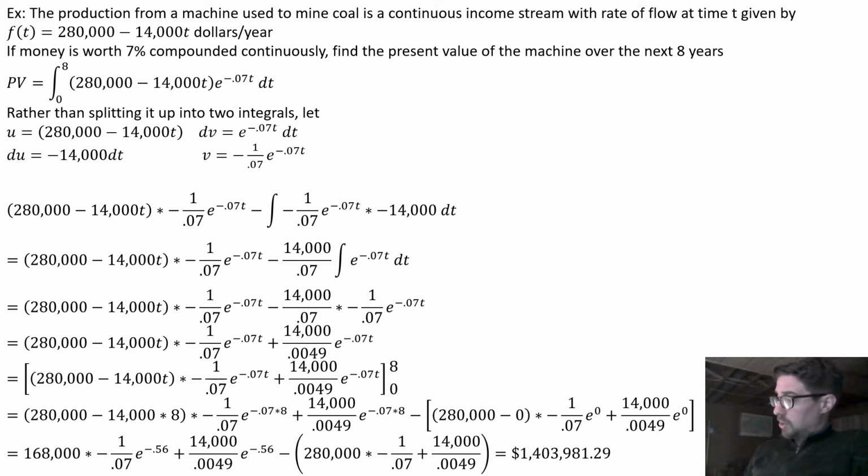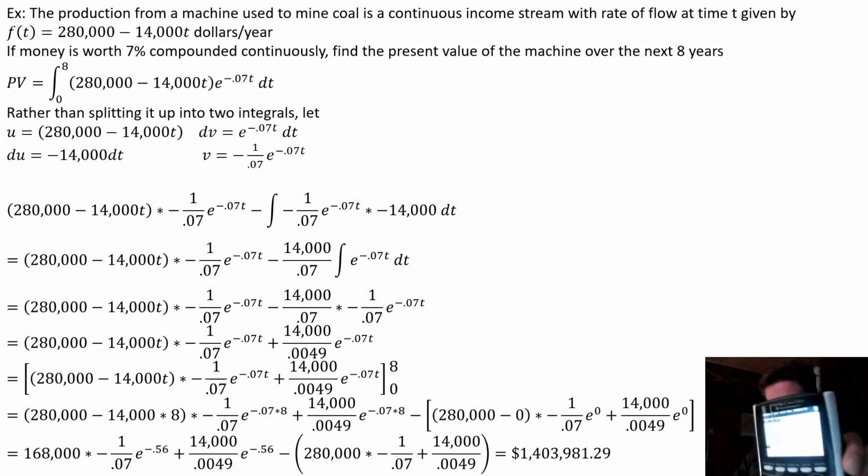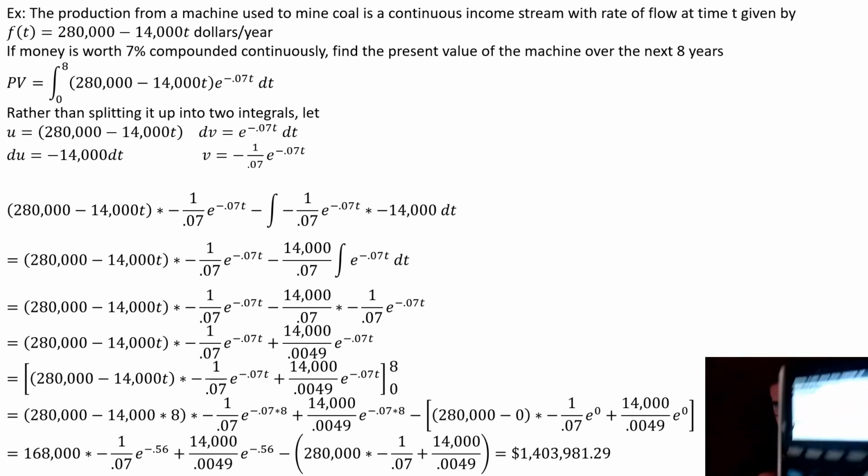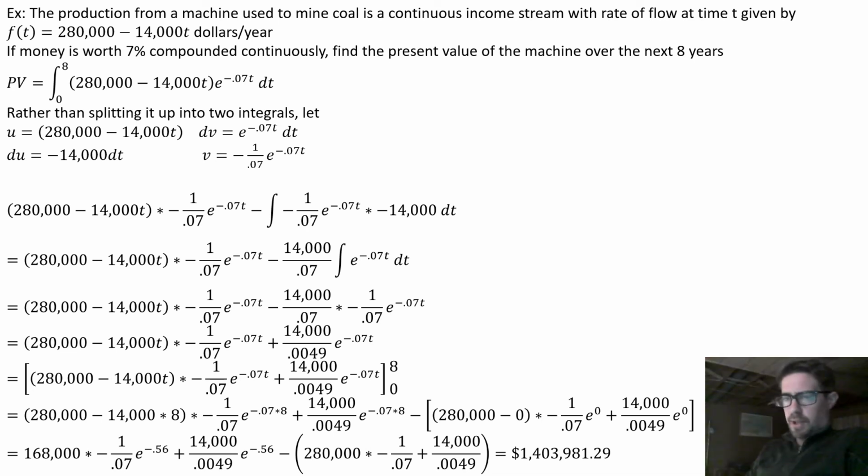And then go to calc, which is up here by trace. There's a little integral symbol. Yep, there it is. Integral of f of x dx. It's going to take you to the graph, and it's going to ask you for the lower limit and the upper limit, and then it'll calculate it.